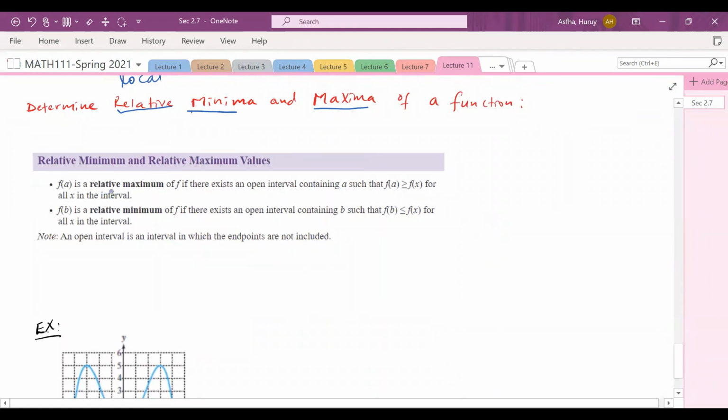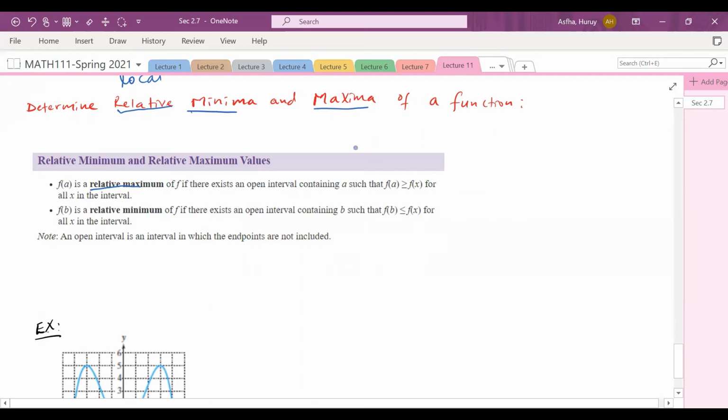Okay. Now, f of a, remember, f of a is the value of y, not the value of x. The value of x is a itself. So f of a is a relative maximum of f if there exists an open interval containing a such that f of a is greater than or equal to f of x.